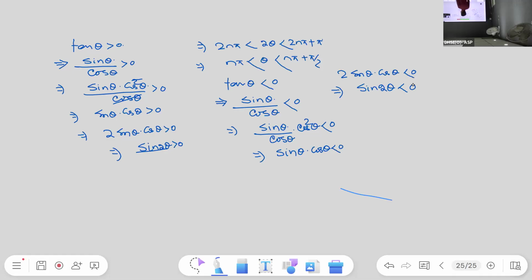So sin 2 theta less than 0 means 2 theta will be either in the third quadrant or fourth quadrant, that is, 2n pi minus pi to 2n pi.